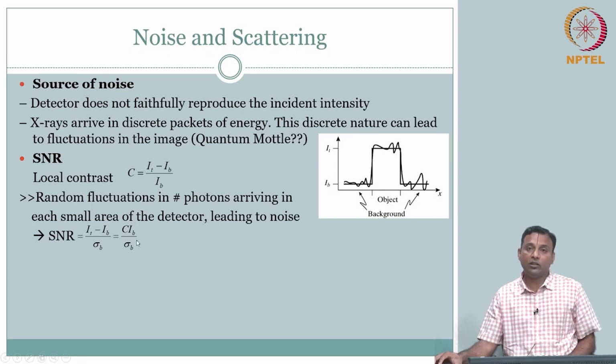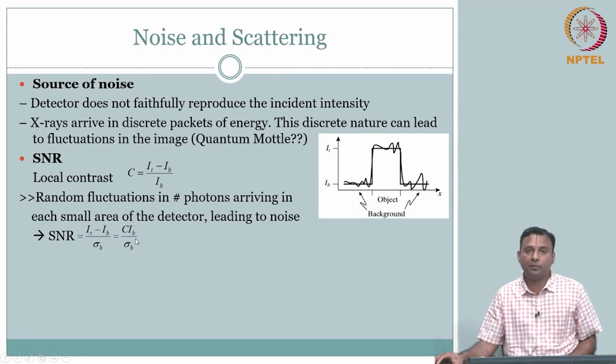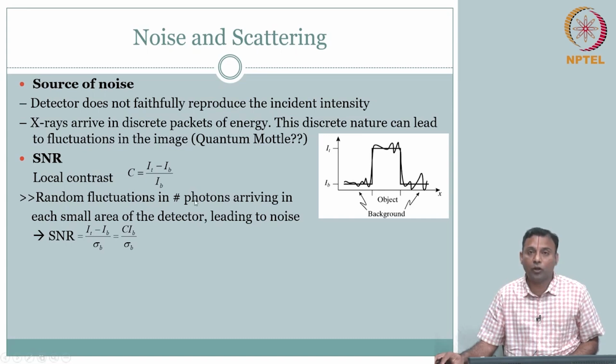Fine. So this is my signal to noise ratio, but how do I work this further? I need to bring in my signal and noise more explicitly, because my noise and signal come from the number of photons. So how do I expand this?